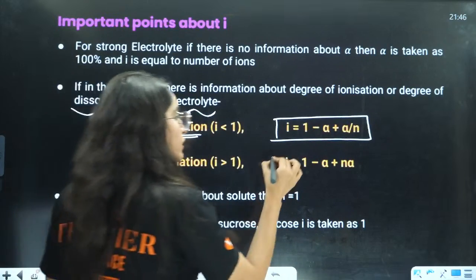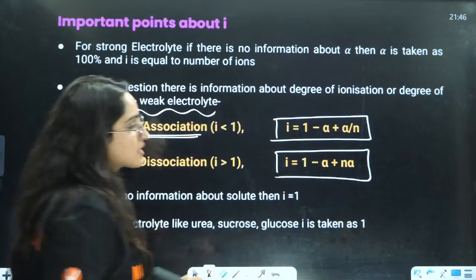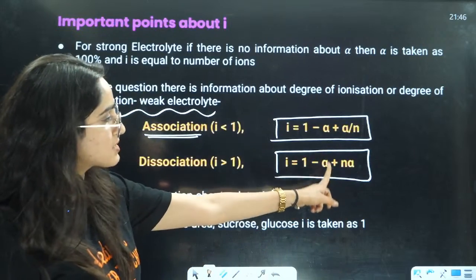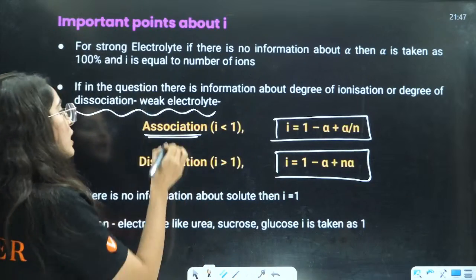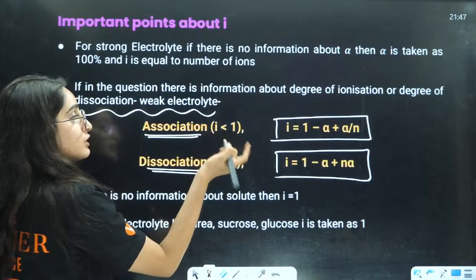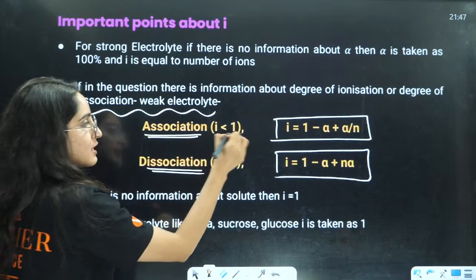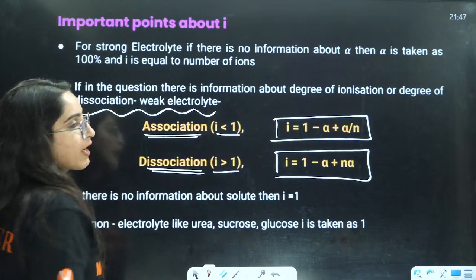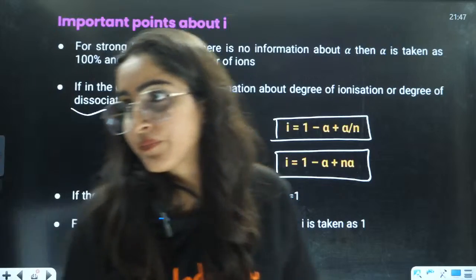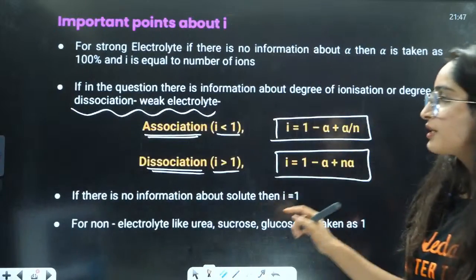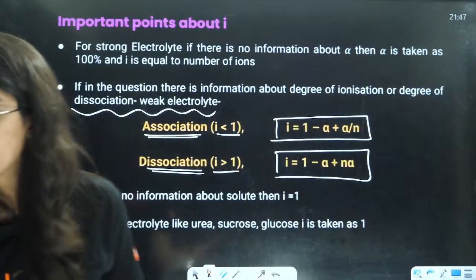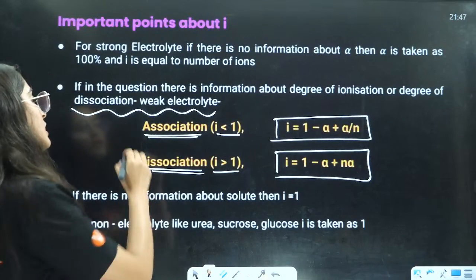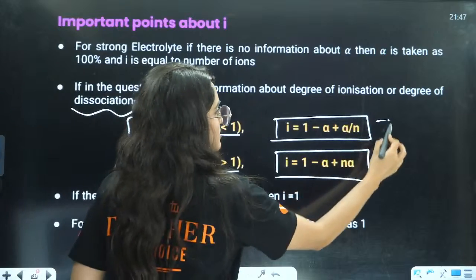If you talk about dissociation, the Van't Hoff factor i is equal to 1 plus alpha plus n alpha, right? In association, the Van't Hoff factor is less than 1. In dissociation, it is greater than 1. Understood this thing? From here also the questions are asked, right?